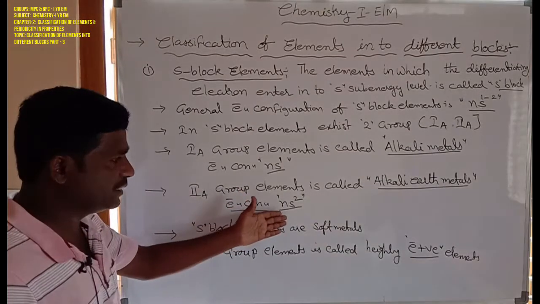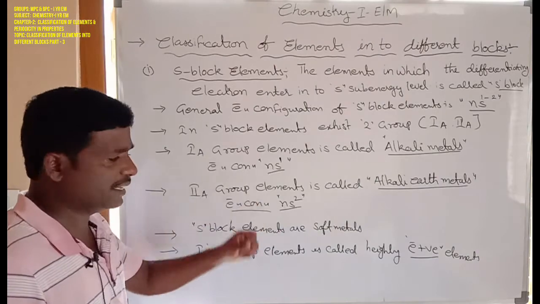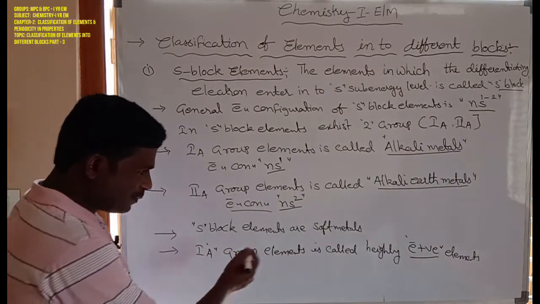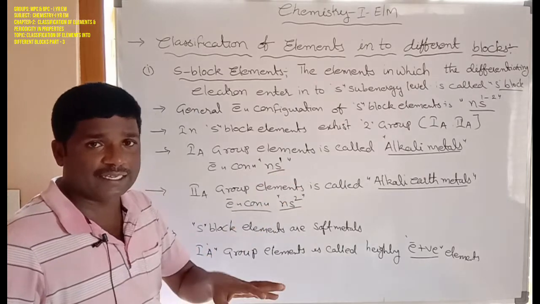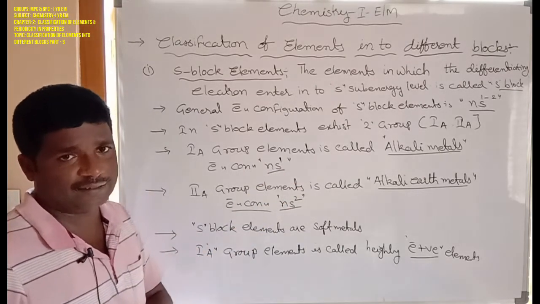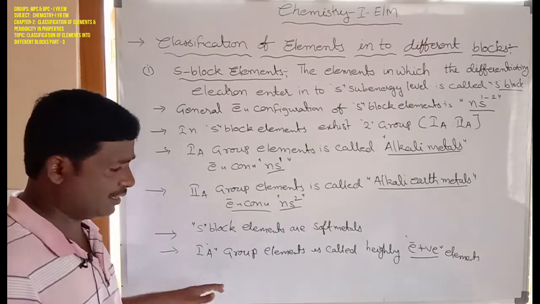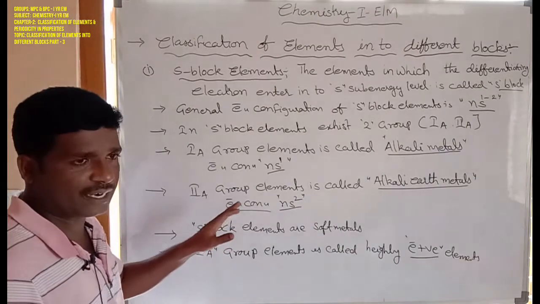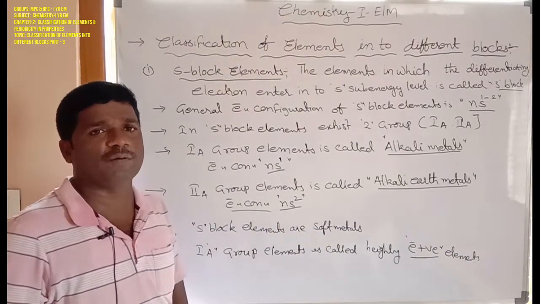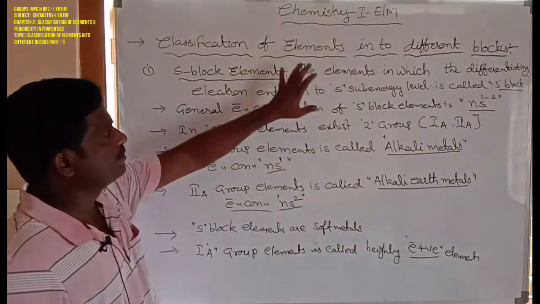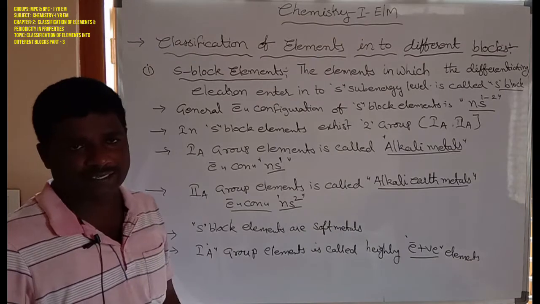S block elements are soft metals and highly reactive with other elements. The first A group elements are also called highly electropositive elements. That is the properties of the S block elements.